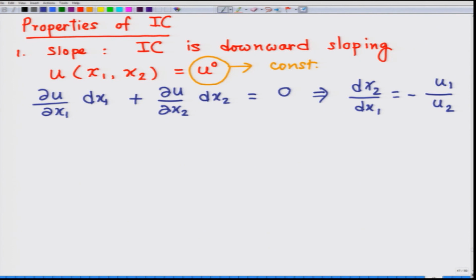So, we know that the basic assumption says that the marginal utility is positive. So, U1 and U2 both are positive. So, as we have this negative sign in front of the ratio of two positive numbers, the slope becomes negative.